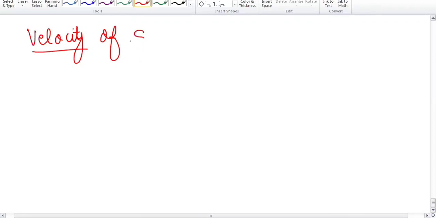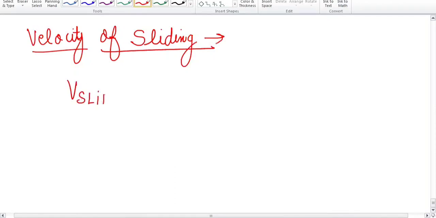So the velocity of sliding is also there. What is the formula of velocity of sliding? V sliding is equal to V1 sine alpha minus V2 sine beta.